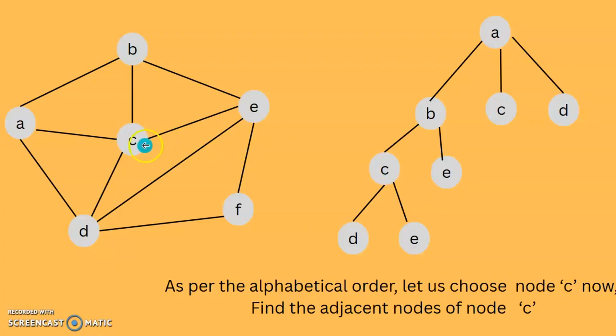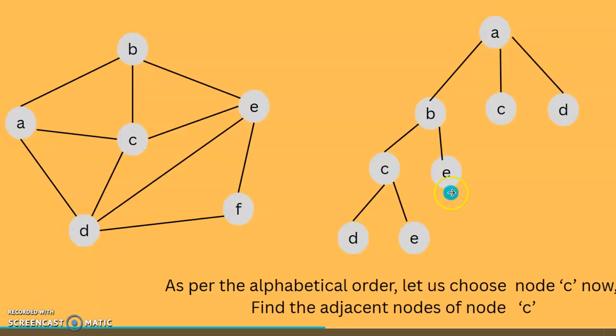So adjacent nodes of node C are A, B, D and E, isn't it? But I have given only D and E because A and B are already visited in this path, because every node should be visited only once. This is an important point we have to note down. So we have given only D and E here because these two nodes are not visited already in this path.